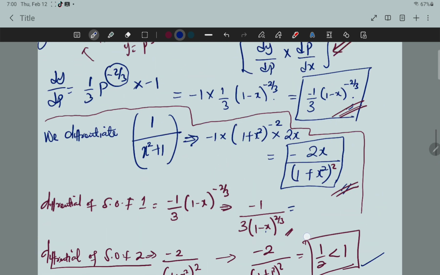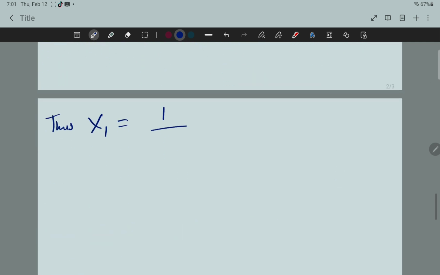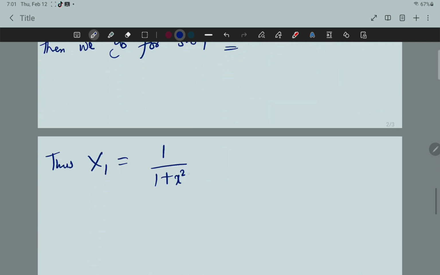SOF2, subject of formula 2, is 1 over x squared plus 1, which is the same thing as 1 over 1 plus x squared. We're starting from x naught, which gives 1 over 1 plus 1 all squared, which is 0.5.